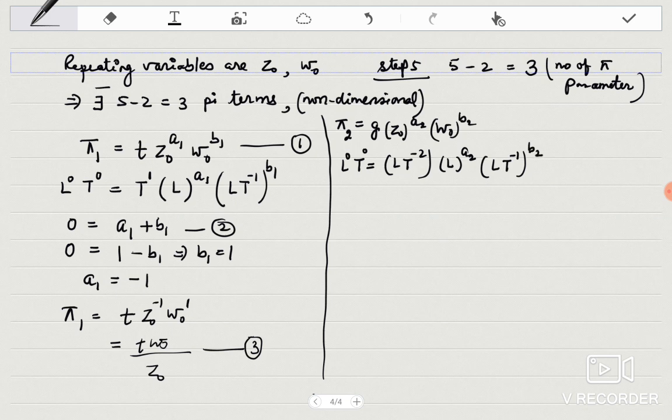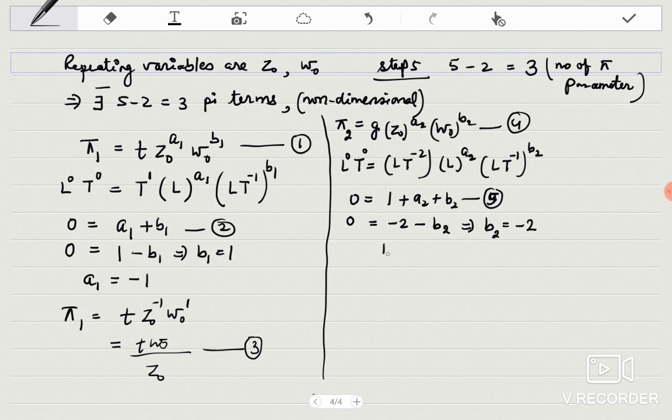Again comparing the two sides, 0 powers of L. Here power of L is 1 plus a2 plus b2. Power of t: 0 is minus 2 minus b2. So from here we get b2 is equal to minus 2.